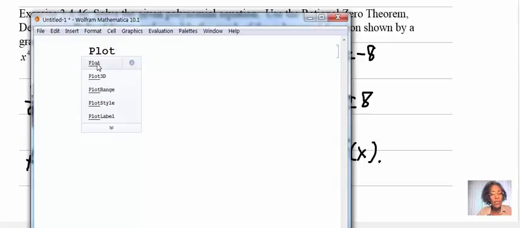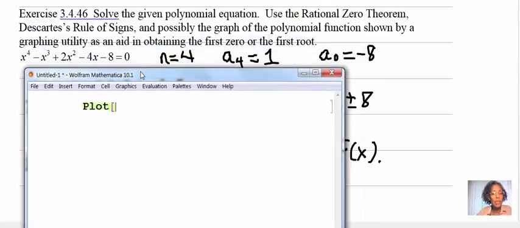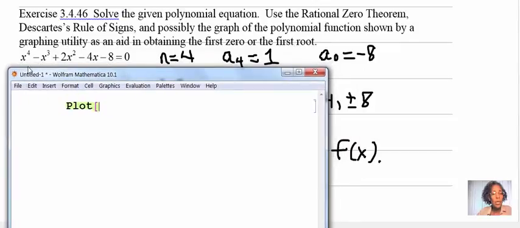Any function that has what I've typed in it will show up. I want to use the plot function, and Mathematica uses square brackets when I'm using a function, and inside of this function I'm going to put our polynomial, which is x to the fourth minus x cubed plus 2x squared minus 4x minus 8.